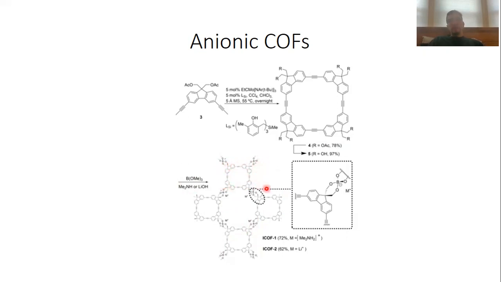Okay, so this framework is anionic because the boron is having a formally negative charge because it's tetrahedrally coordinated. You see that it's surrounded by 1, 2, 3, 4 electrons. And that's one more than the boron needs in the neutral state.